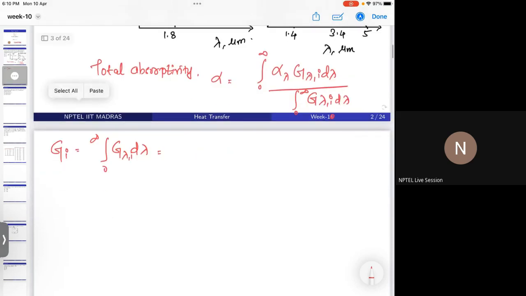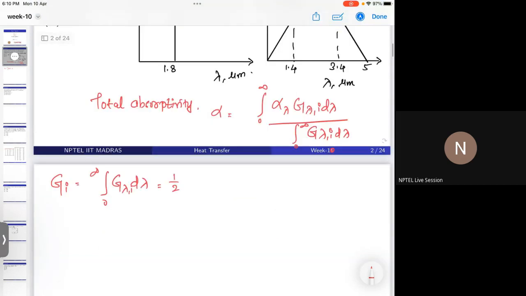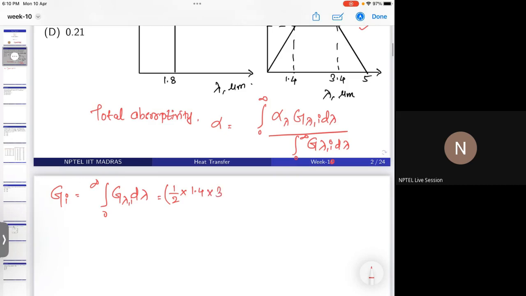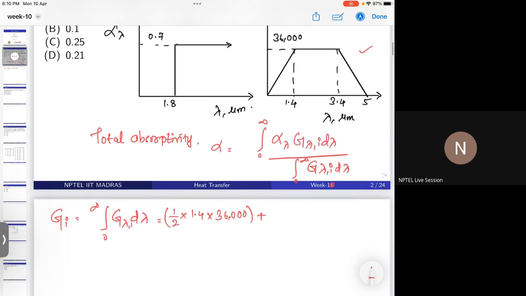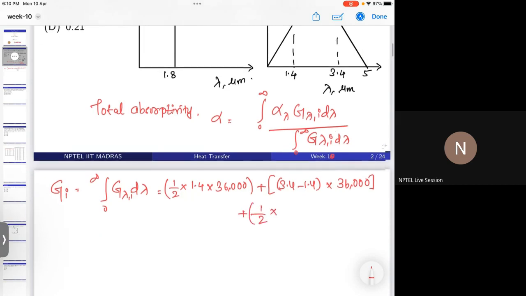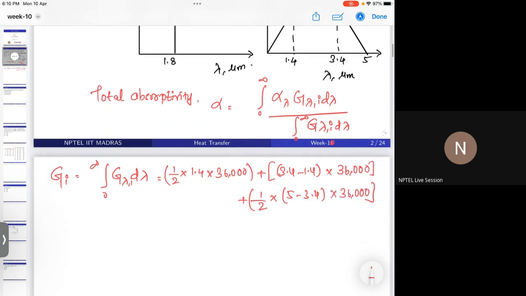If you divide this into three regions, the first part is a triangle, so half into 1.4 into 36,000, plus then it's a rectangle kind of thing into 2000, plus again a triangle. Did you get this answer? What is this answer?